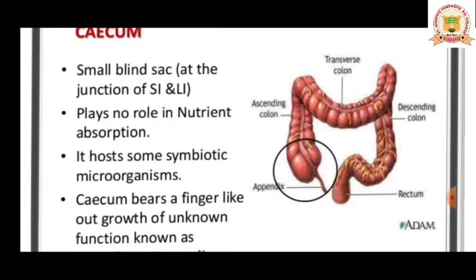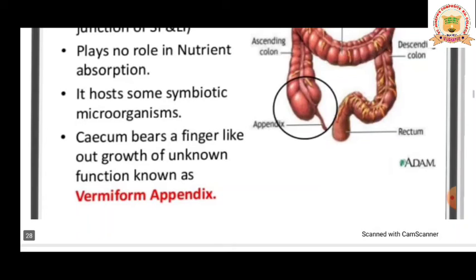The cecum bears a finger-like outgrowth of unknown function known as the vermiform appendix. I hope everybody has heard about the appendix, which is a vestigial organ. Till now we don't know what exactly the function of this appendix is. It is present on our large intestine, and it looks like a worm, so the name vermiform appendix has been given.